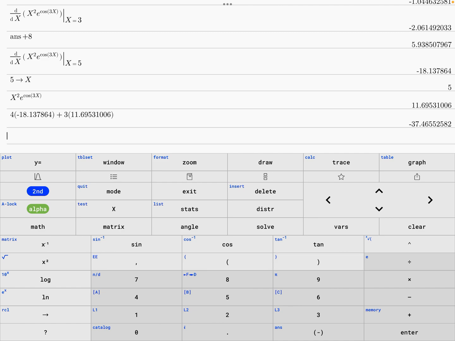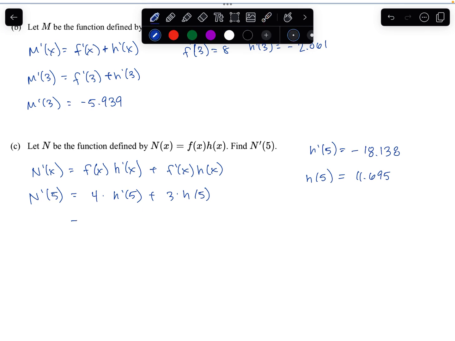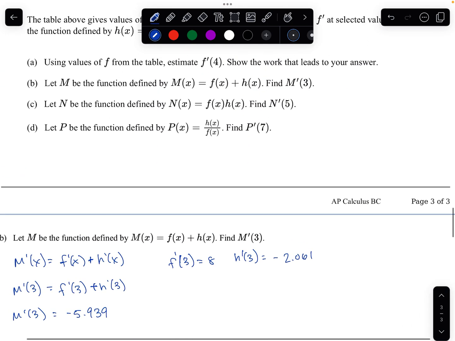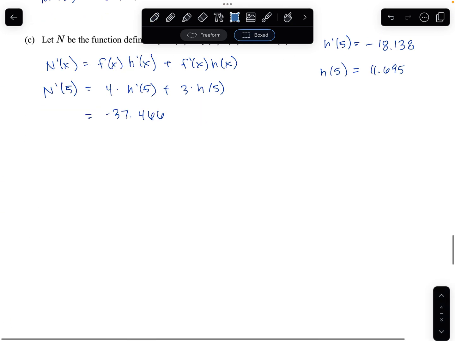Click enter. I got negative 37.466. So this is going to be equal to negative 37.466.